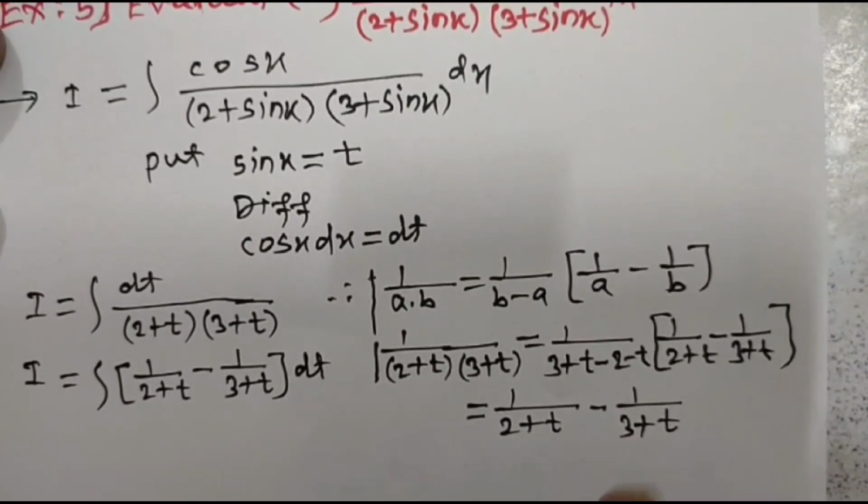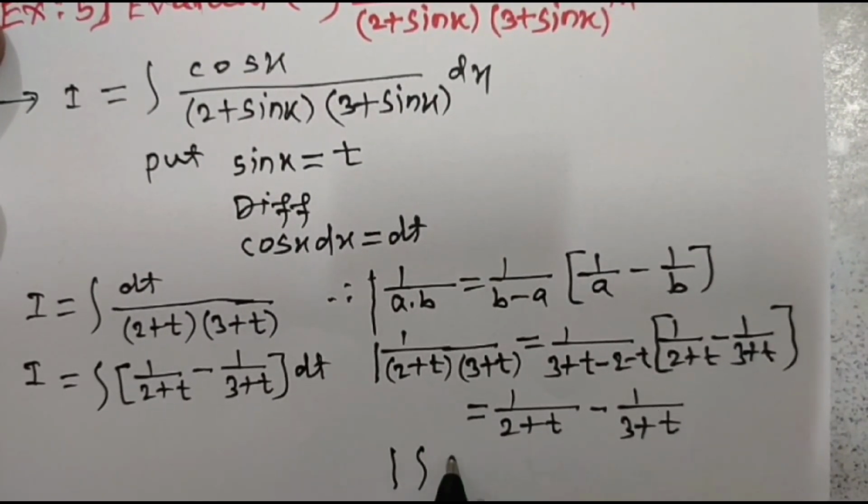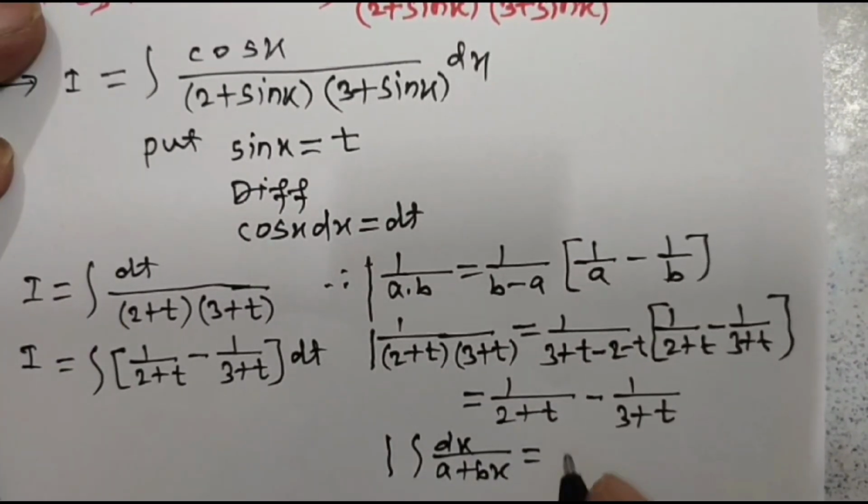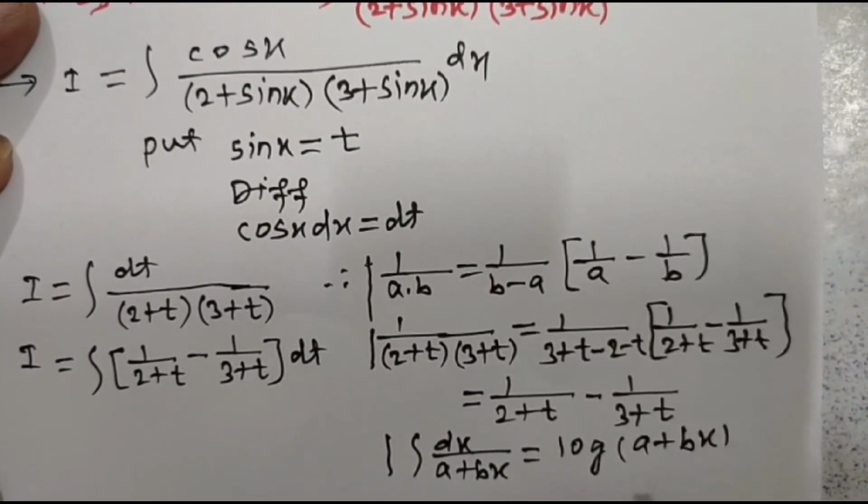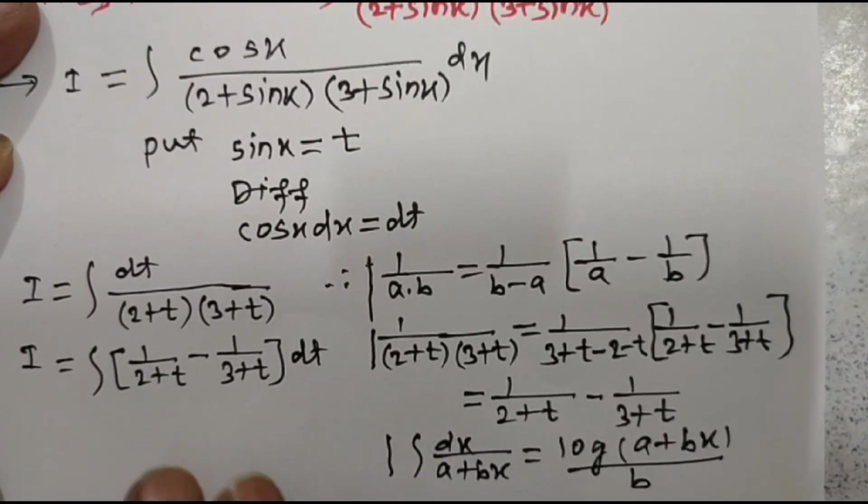You know the integral formula, integral of dx upon a plus bx is equal to logarithm of a plus bx divided by the derivative of a plus bx, which is b.